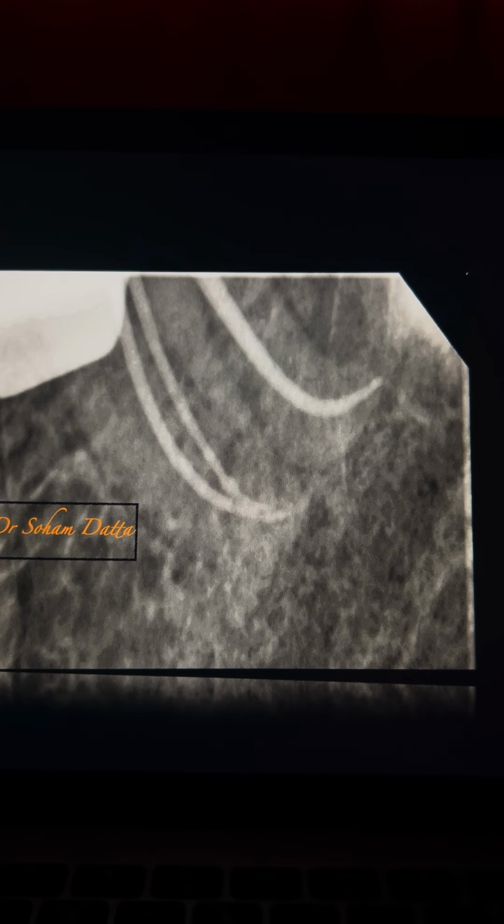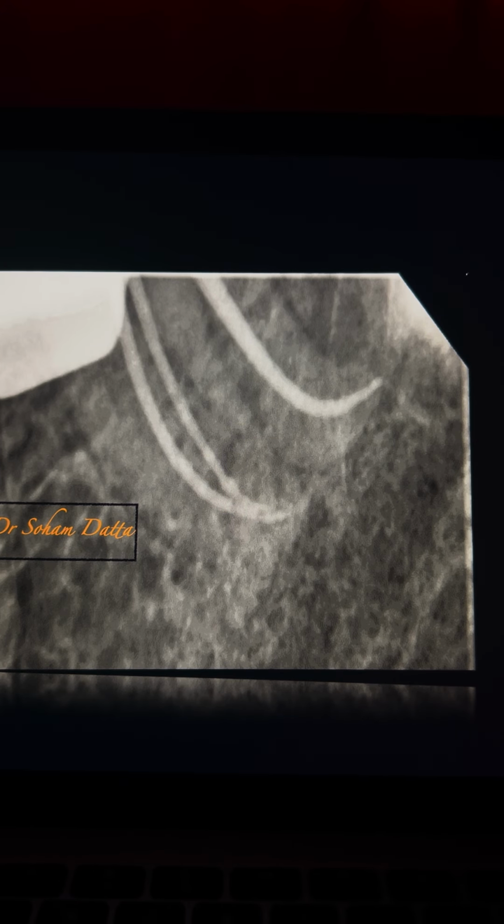Now, as per the studies, it has been seen that there is a discrepancy between the canal length before and after biomechanical preparation that ranges from 0.2 to 0.8 millimeter, depending upon which tooth you are doing the root canal on and the amount of curvature. Yes, in case of curvature, the straightening effect will be more than in a root canal in a straight case.